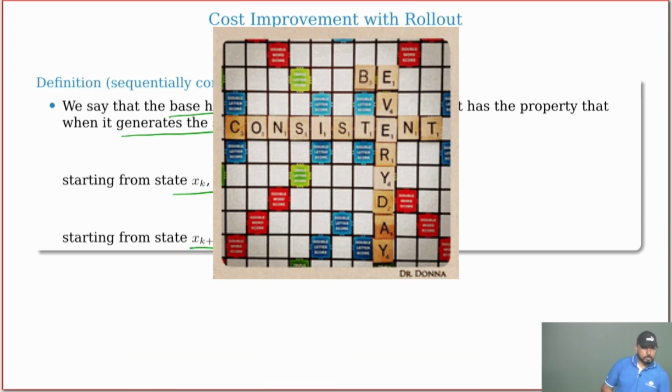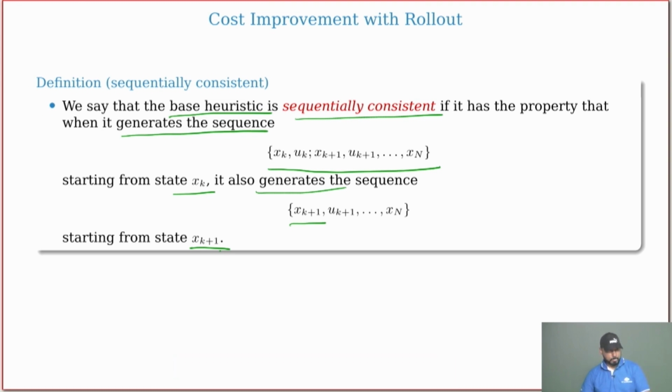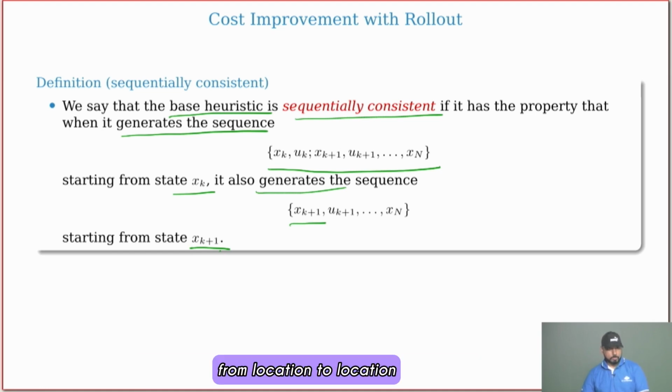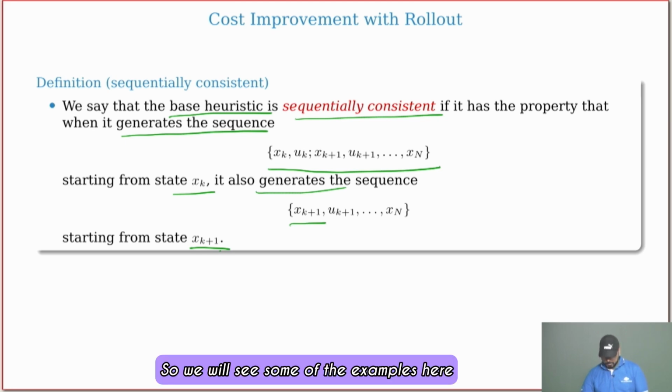If it is not, then you will get into all kinds of troubles with the cost calculation and so on, because your base heuristic behavior changes from location to location. We will see some examples here.